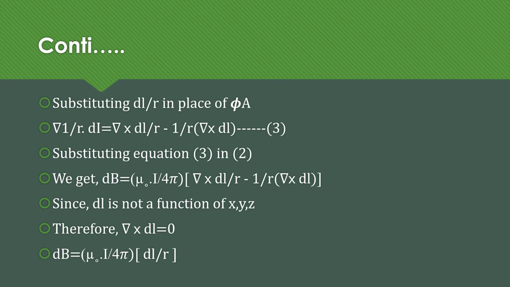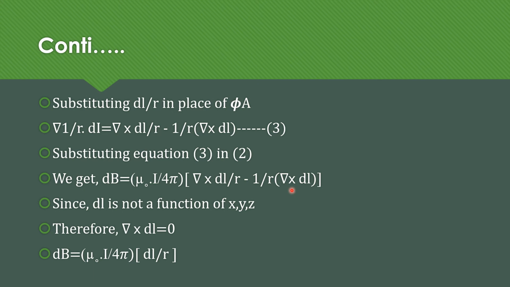Now substituting equation 3 in 2, we get dB is equal to mu 0 I by 4 pi into [del cross dL by r minus 1 by r del cross dL].